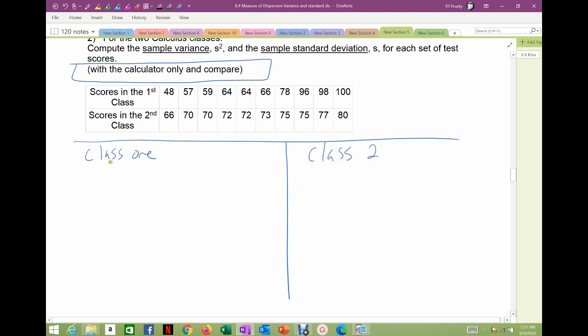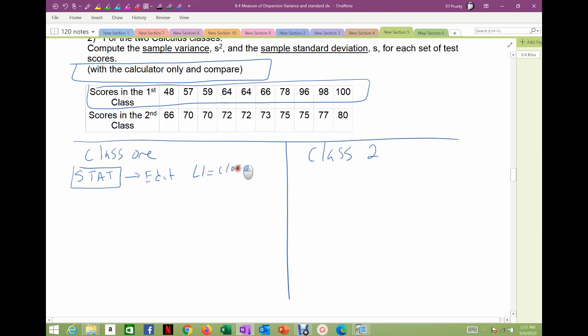All right, so class 1, remember, is the first list of scores here. And this is all done in the stat key. So you do your stat, you go over to edit. There's only one list, right? You're only putting in class 1. So list 1 is going to be class 1's scores.